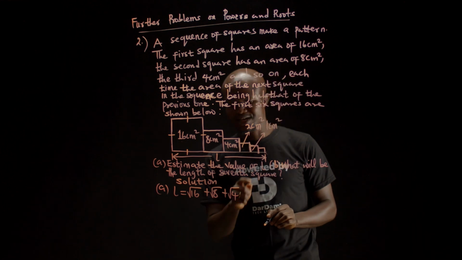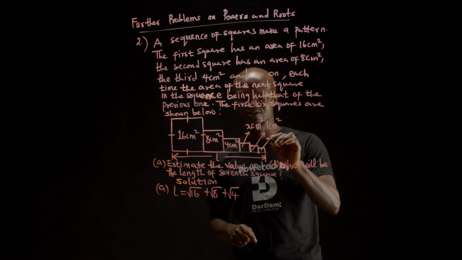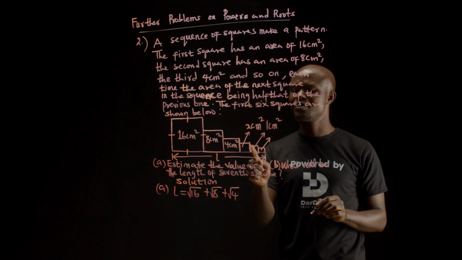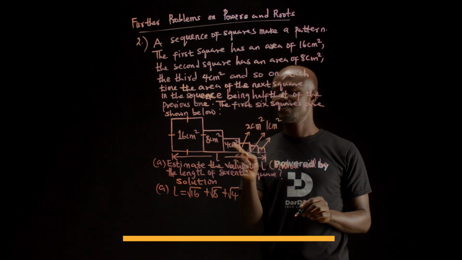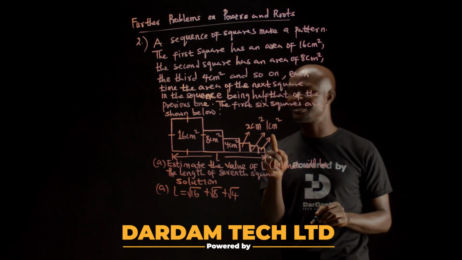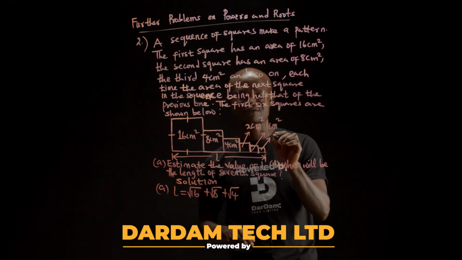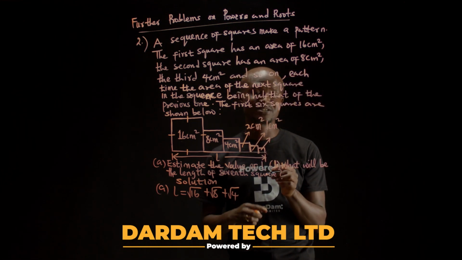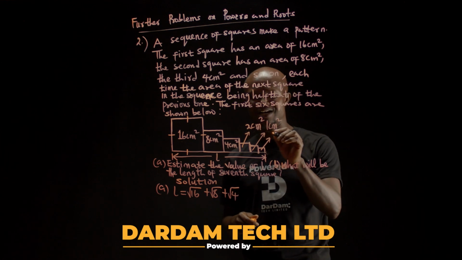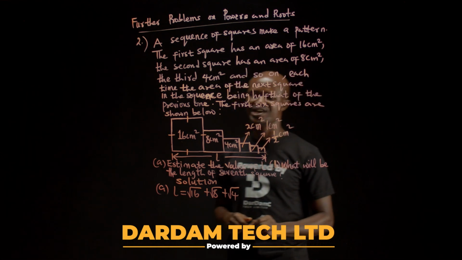Then, dividing 1 by 2, what are you going to have? 1 over 2, which is 0.5. So we can write 1 over 2 centimeter square. So that is the area.